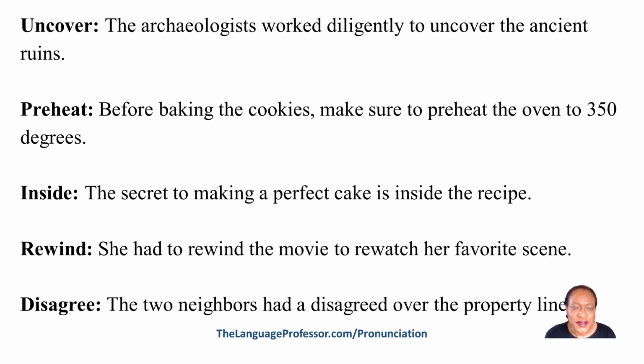Okay, the next one. Before baking the cookies, make sure to preheat the oven to 350 degrees. You try. Before baking the cookies, make sure to preheat the oven to 350 degrees. Okay, number 3. The secret to making a perfect cake is inside the recipe.